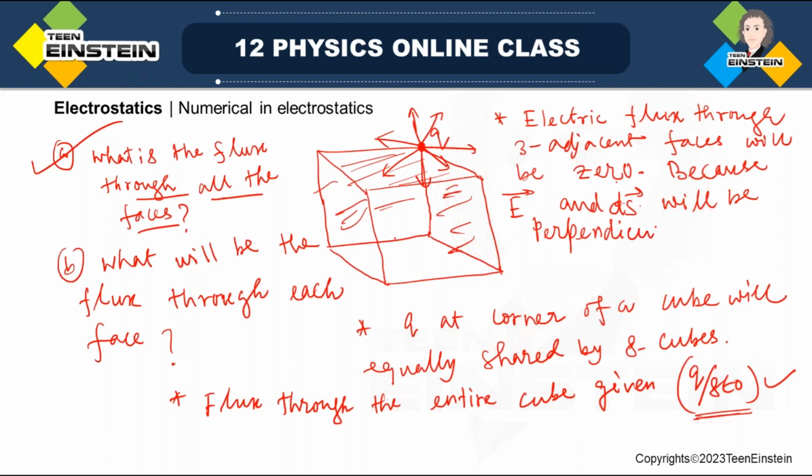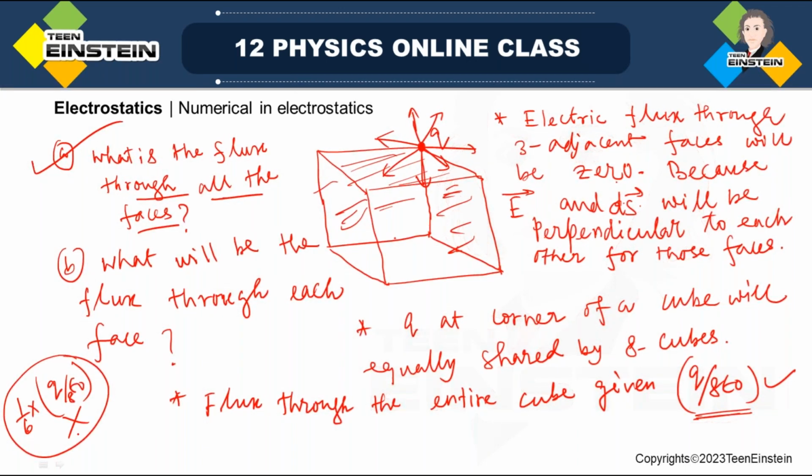So this is the reason why the flux will not be equally divided among 6 faces. You might be casually answering q by 8 epsilon 0 into 1 over 6. This is not the answer actually.